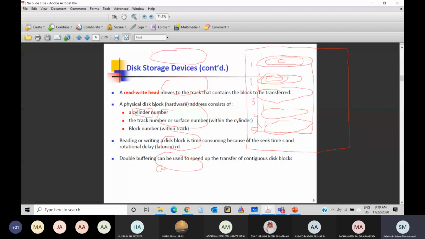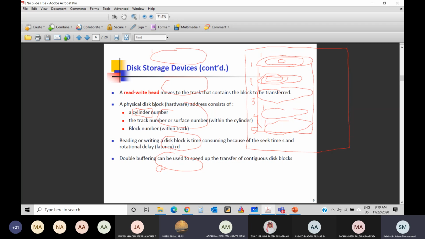So the number of cylinders is equal to the number of tracks in one platter. So what is the difference between a track and a cylinder? Track is per platter, while cylinder is per disk.